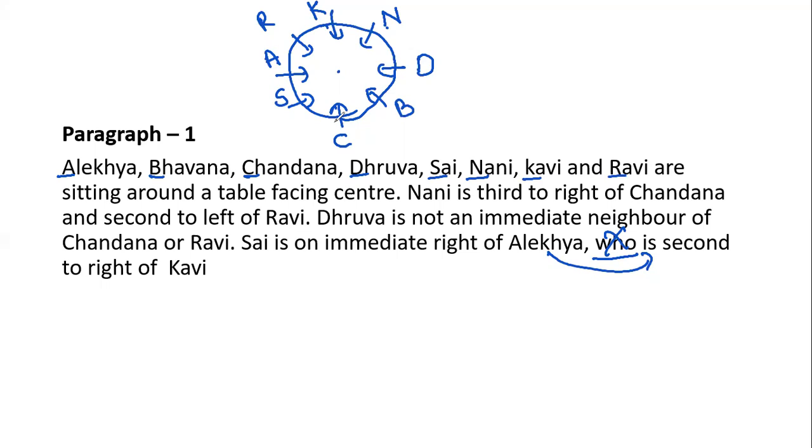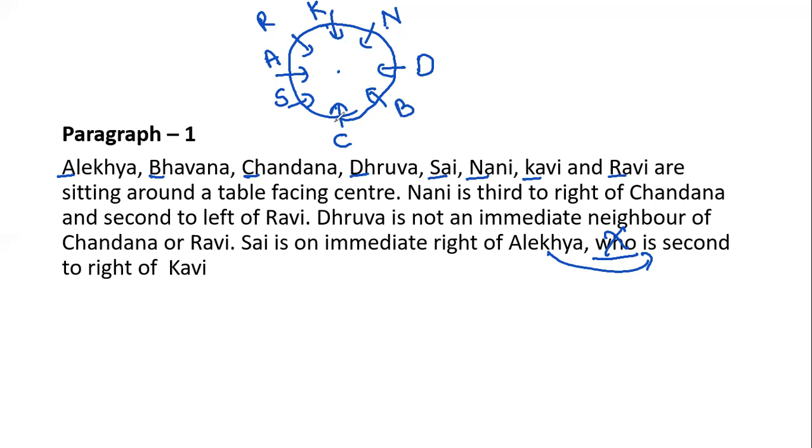Next, understanding the last sentence: Sai is on the immediate right of Alekhya means I need to seek two side-by-side places which are vacant. Those two places are between Ravi and Chandana. Whenever you have the word who, you can always cross that word and consider that sentence for the person who is standing just before the word who.